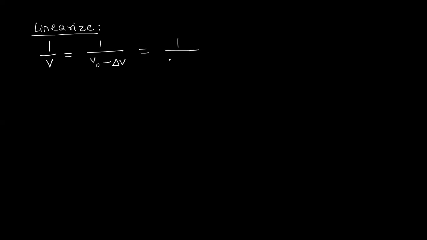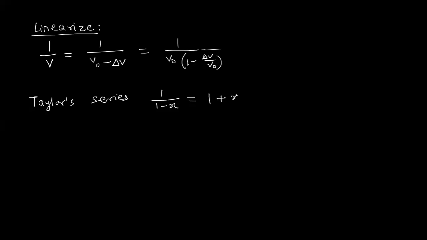Let us take the term v naught as a common term. So that becomes 1 minus delta v by v naught. By Taylor series expansion, the Taylor series of 1 upon 1 minus x can be represented as 1 plus x plus x square and so on till infinity.